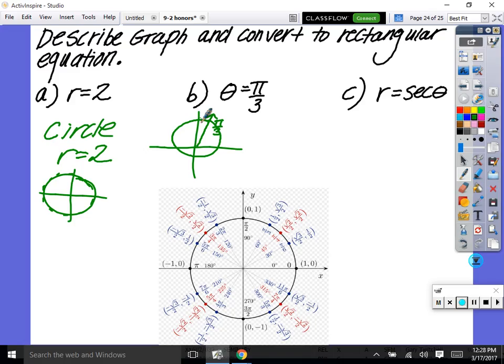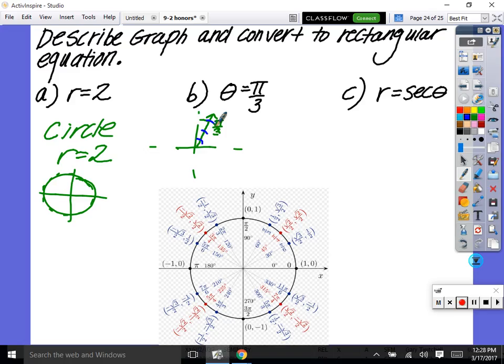So what would be the rectangular equation that would work there? I'm sorry. It's not the circle. It's every point that falls on the line of pi thirds. Sorry, my bad. Any radius, but it will always be at pi thirds.